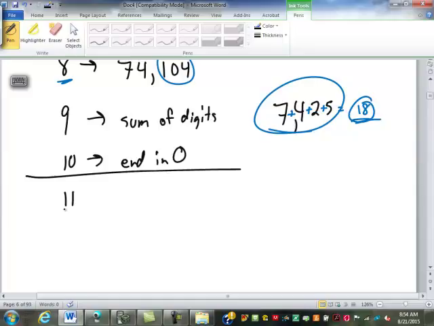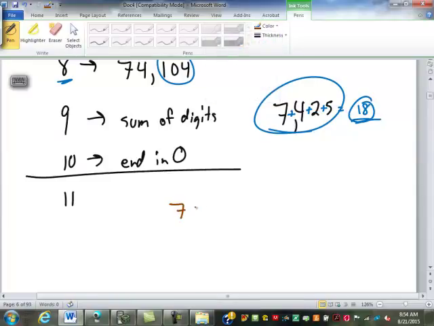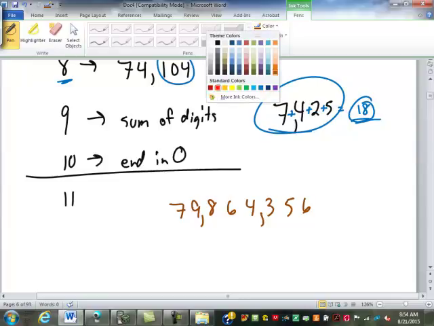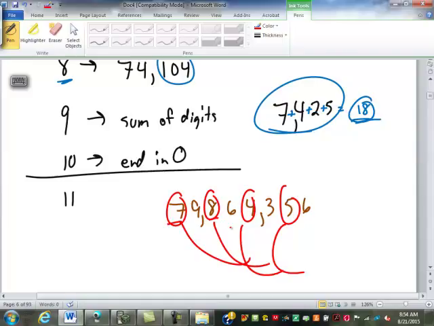The rule for 11 goes off of every other digit. So let's say I have a number like 79,864,356. What I do is I start with the first digit, and I take every other digit and add them up. 7 plus 8 is 15 plus 4 plus 5, 24, right?